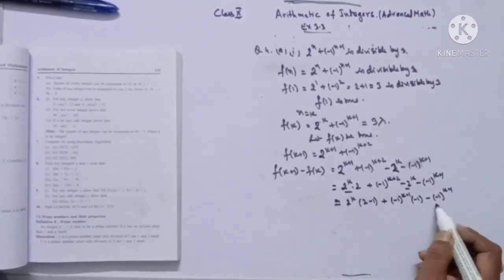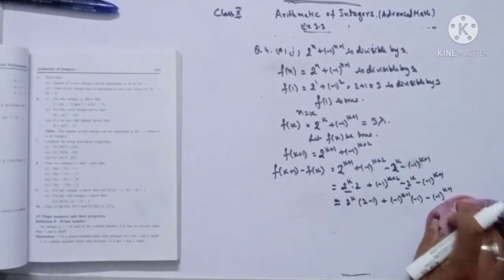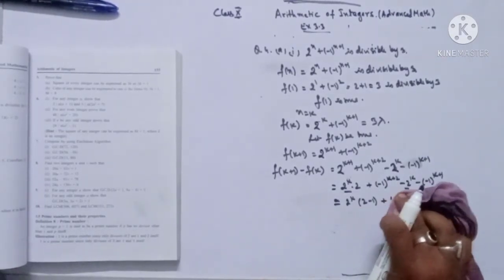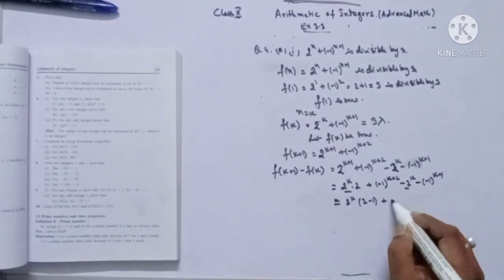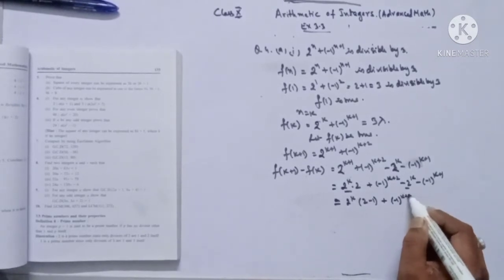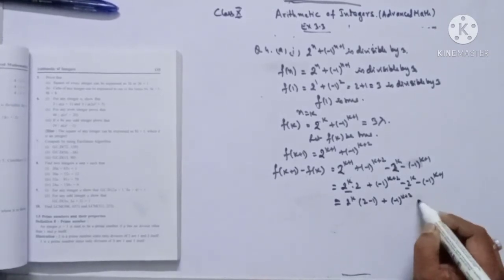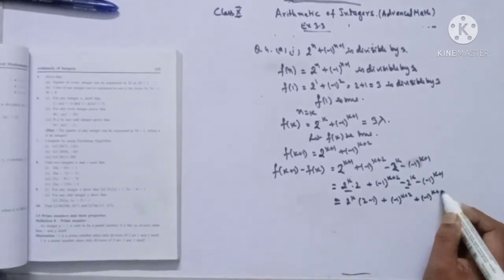So let me do one thing here. This will be far better if I can do it like this: minus 1 to the power of k plus 2, and here instead of minus this I can write plus minus 1 to the power of k plus 2.